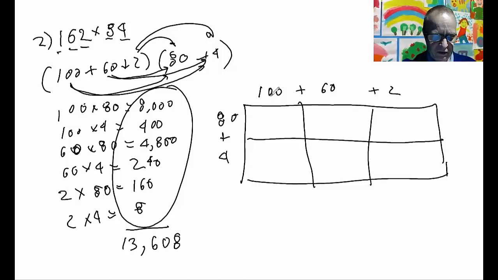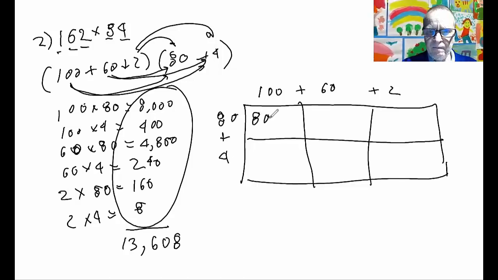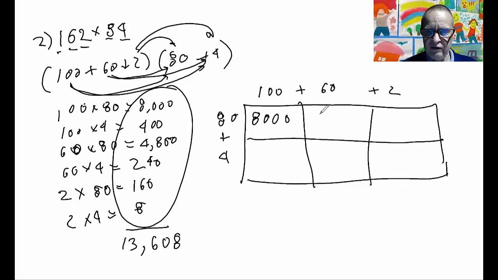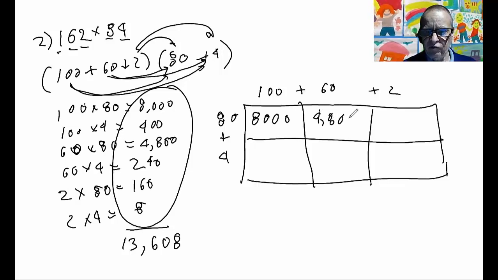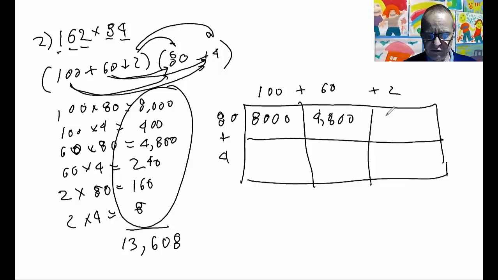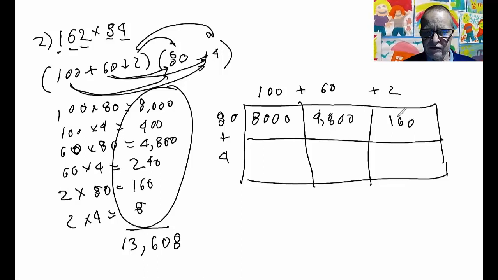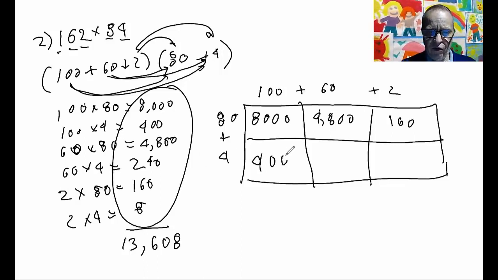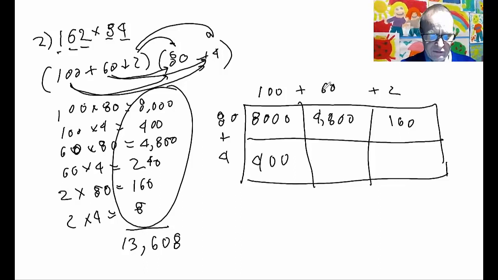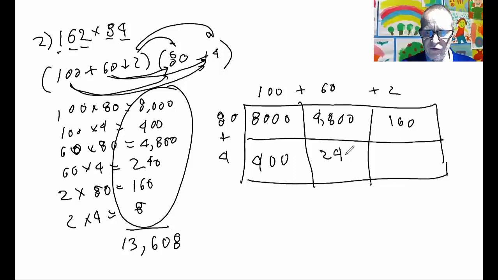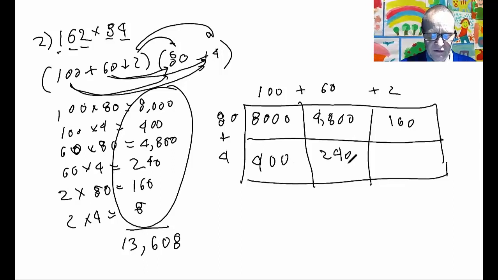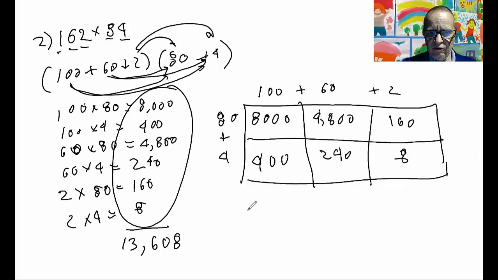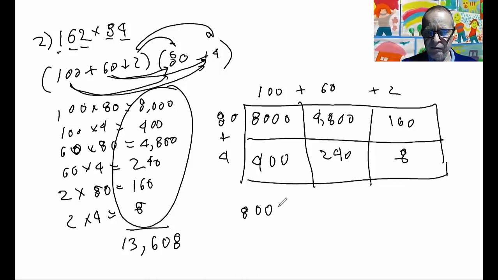And we do the multiplication. 8,000, 80 times 60, 4,800, 80 times 2, 160, 4 times 100, 400, 4 times 60, 240, and then finally 4 times 2 is 8, and then we just add all these up.